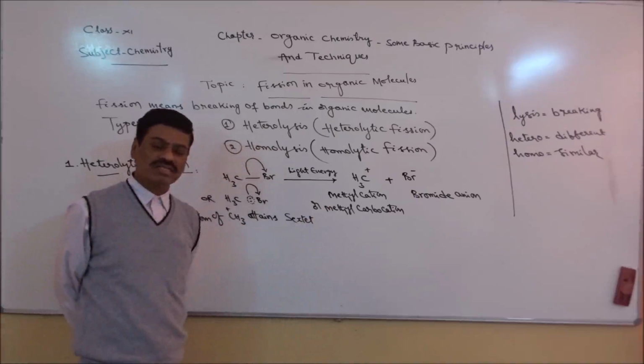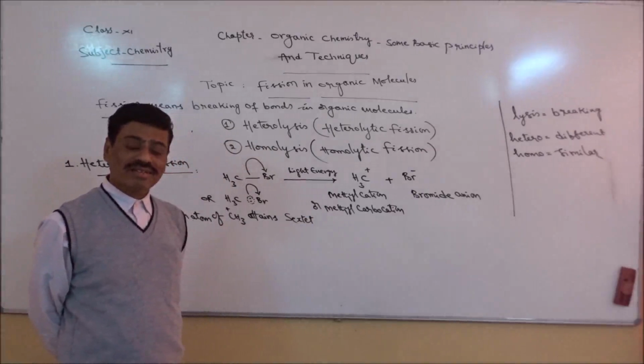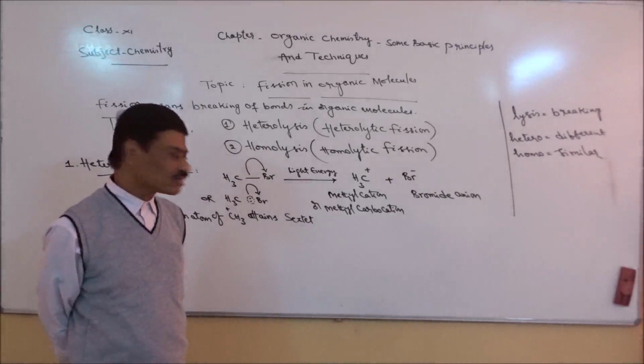Doublet means 2 electrons, triplet means 3 electrons, sextet means 6 electrons.